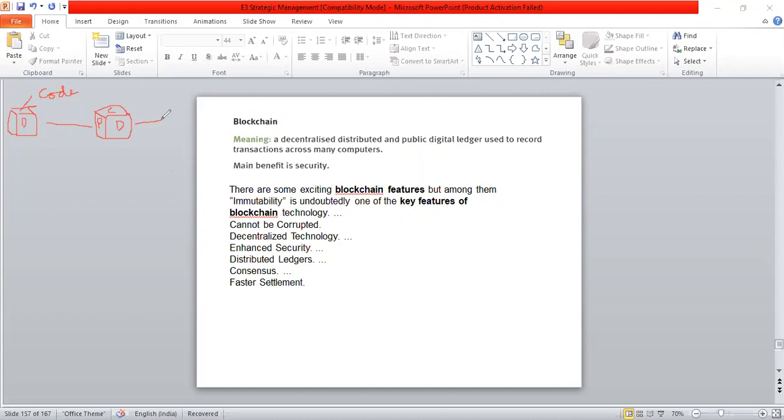Each set of data stored in the form of a block has a code, and a connection to the previous one. If halfway through some alteration is made to the data, let's say the second set is connected to the third, third to fourth, it goes on like that, because it's a chain. At the third stage, if they want to alter it, when the data is altered, immediately the code also gets changed.